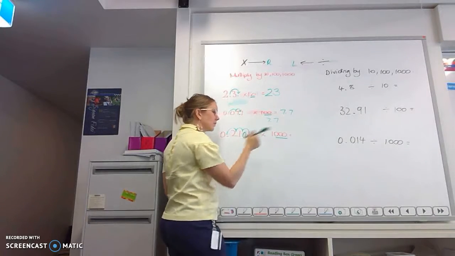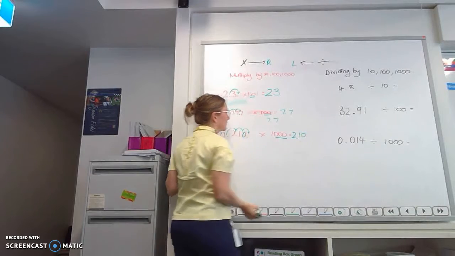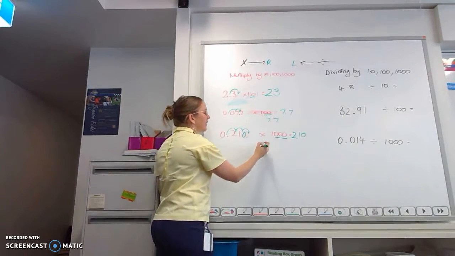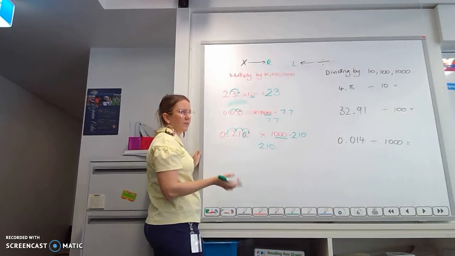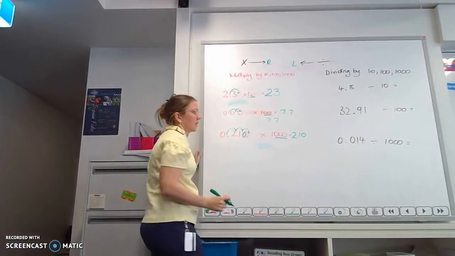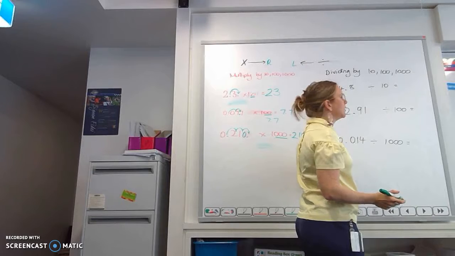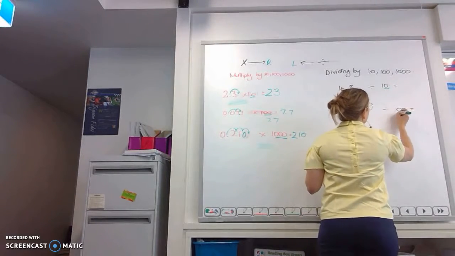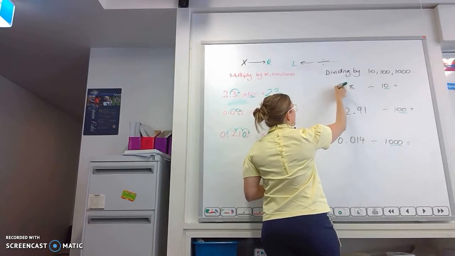So my answer is 210. If you wrote it without the 0, technically still correct, but not necessary. If you add the 0, it is better. Okay, the other way, for decimals, I'm moving it 1, 2, 3, one place to the left.